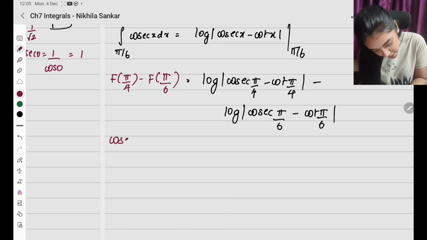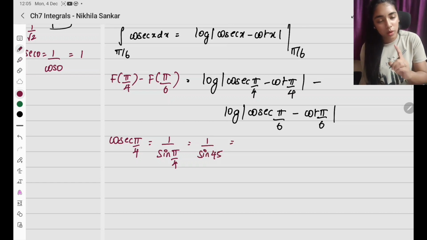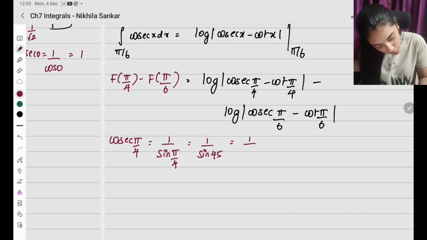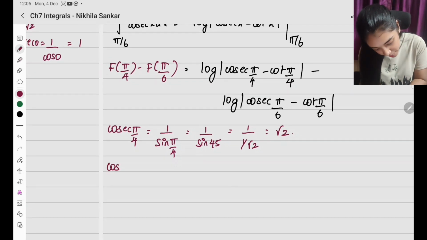So cosecant pi by 4 is going to be 1 divided by sin pi by 4. Pi by 4 is 45. So sin 45 is 1 by root 2. So 1 by 1 by root 2, which is going to be root 2. So we have found the value for cosecant pi by 4. Now cosecant pi by 6.